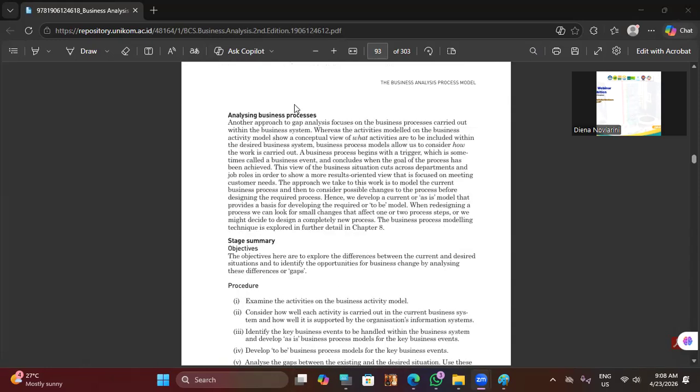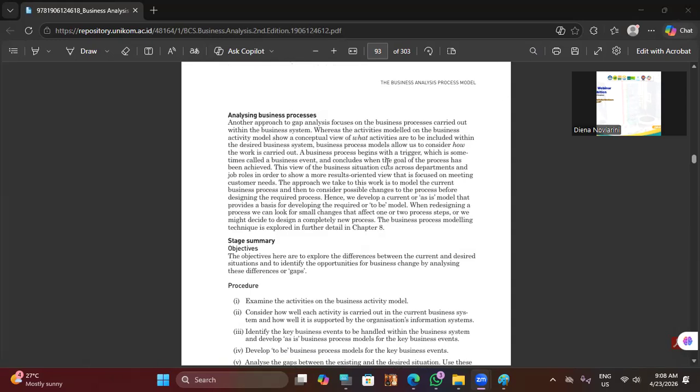Analyzing business processes is another approach to gap analysis, which focuses on the business processes carried out within the business system, whereas the activities modeled on the business activity model show a conceptual view of what activities are to be included within the desired business system.